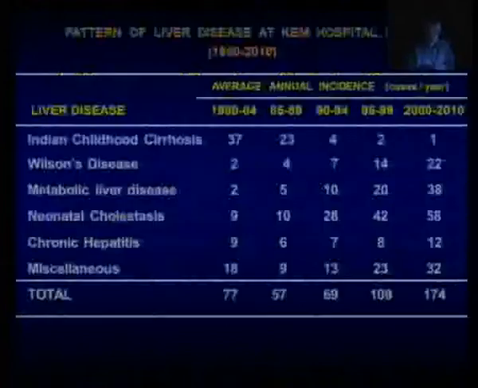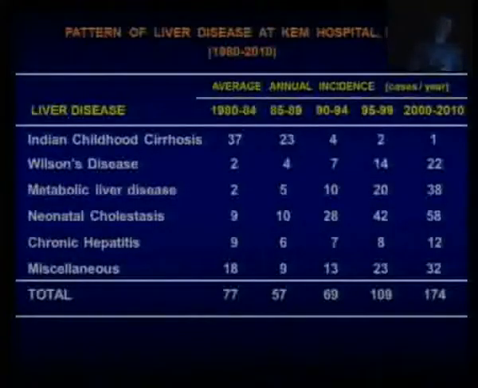If you look at the data which we have at KEM Hospital, because through my seniors we have been looking at liver diseases right from the 1980s and it's going on. In the 80s, the number one disease was Indian childhood cirrhosis. Over a period of time, this has gone down. The columns show the average annual incidence per year, and we rarely see Indian childhood cirrhosis.